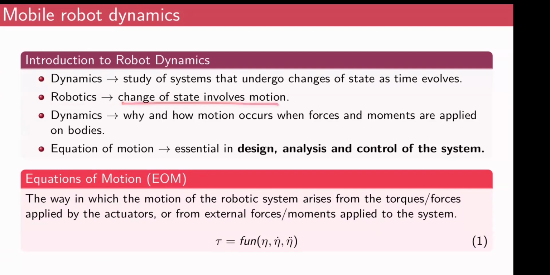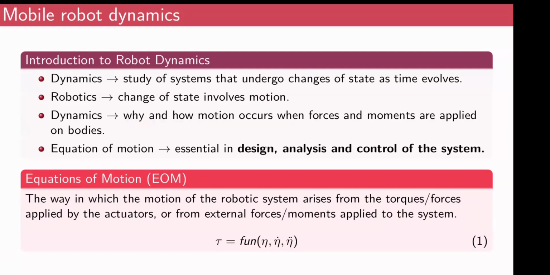So the state can be characterized by the parameters that define motion, which could be the position coordinates, its derivatives, which are the velocities, and its derivative, which is the acceleration. And basically, in dynamics, we study why and how the motion occurs when forces and moments are applied on the bodies. That is the fundamental problem that we are trying to understand.